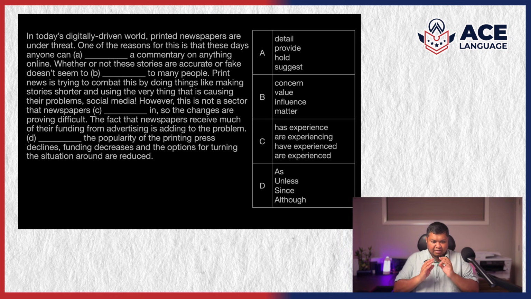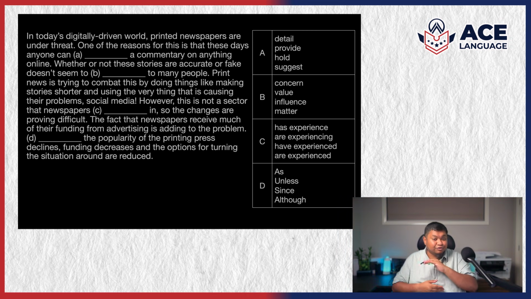So, printed newspapers are under threat. Why? Because anyone can do anything online. What do they do? Detail doesn't make sense here at all. Hold also doesn't make sense. You can have provide or suggest. Now, you do not normally suggest a commentary, right? You do a commentary, right?